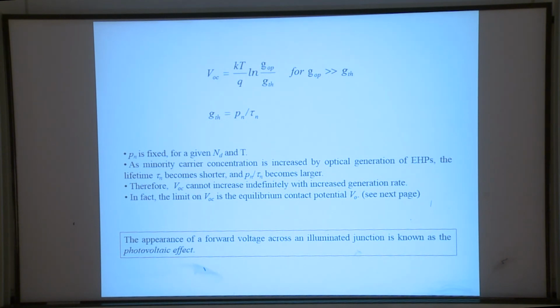You can go as high as the band gap, but cannot go higher than the band gap. So the open circuit voltage VOC is limited by the band gap of the semiconductor you choose for the solar cells.